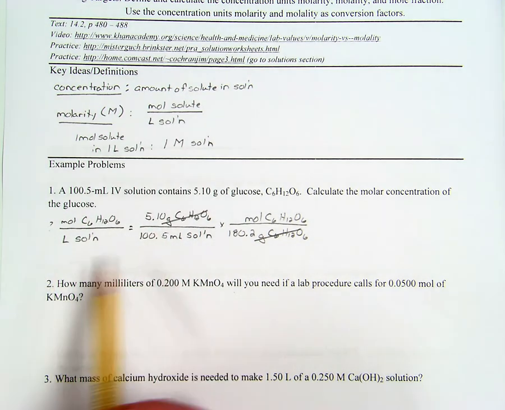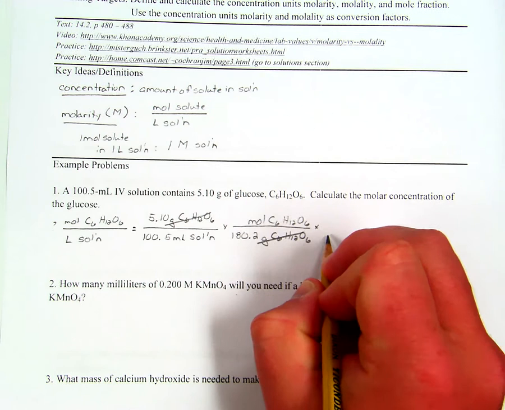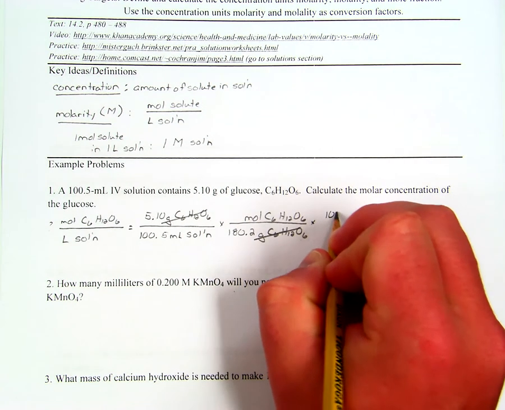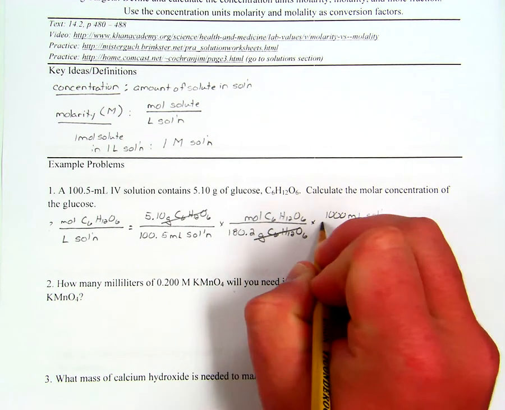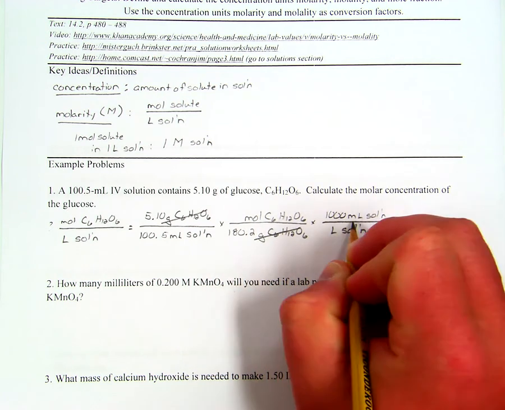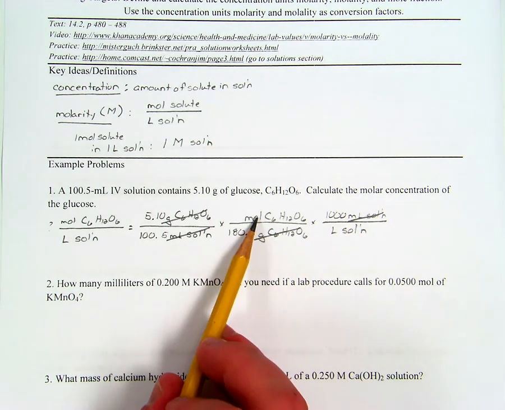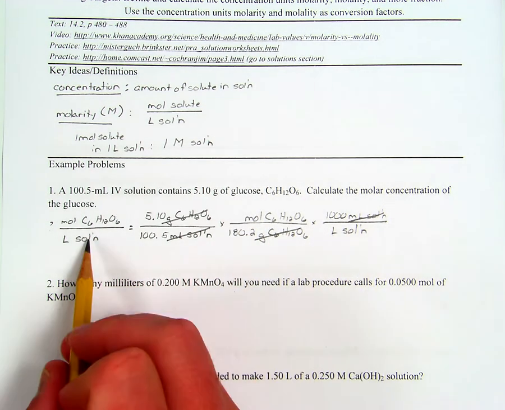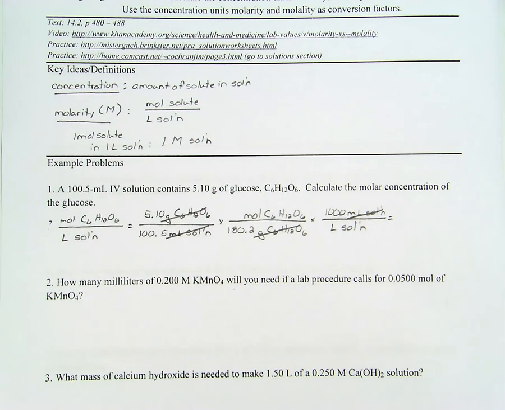Now we still need to convert our milliliters into liters, so I can do that simply by saying that there are 1,000 milliliters of solution in every liter of solution. And now notice milliliters cancel, and our units now, moles of glucose per liter of solution, that's what we're looking for. Alright, plugging this into your calculator, you should get a value, 3 sig figs here.